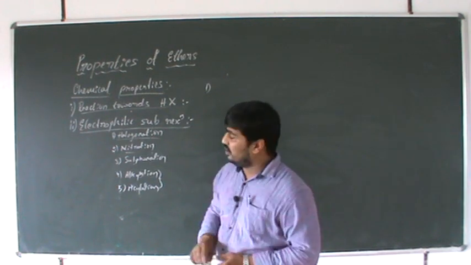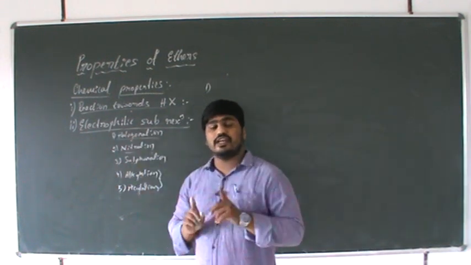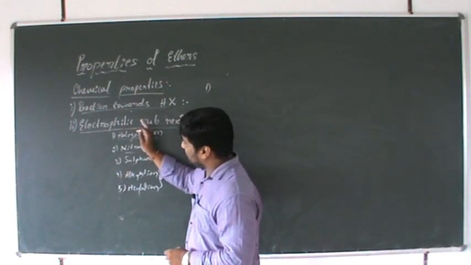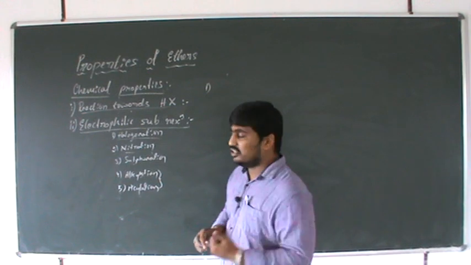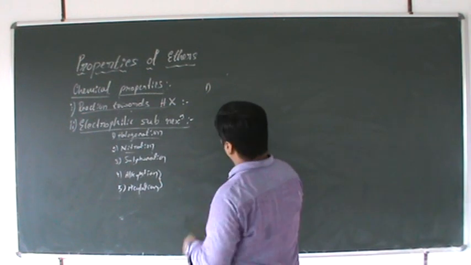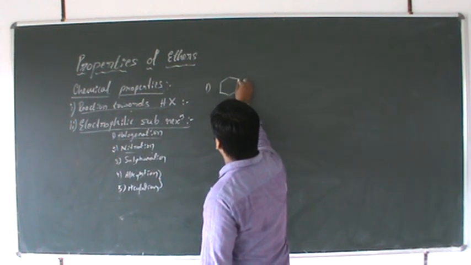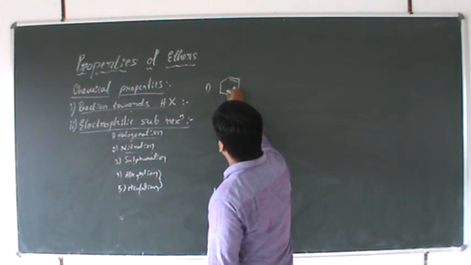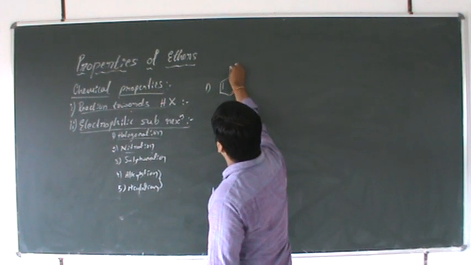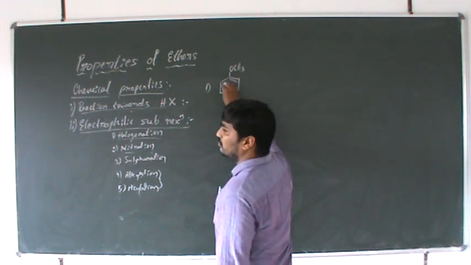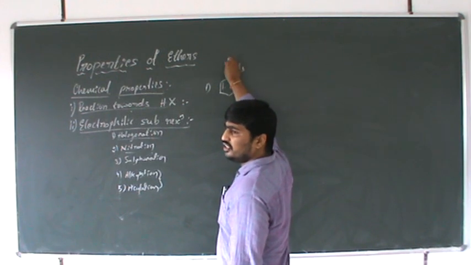Again, as usual, electrophilic substitution reaction is only for aromatic compounds, correct? Therefore, I am considering aromatic ether. Aromatic ether is a very familiar or well-known compound. What is the name of the compound? Aromatic alkyl ether.